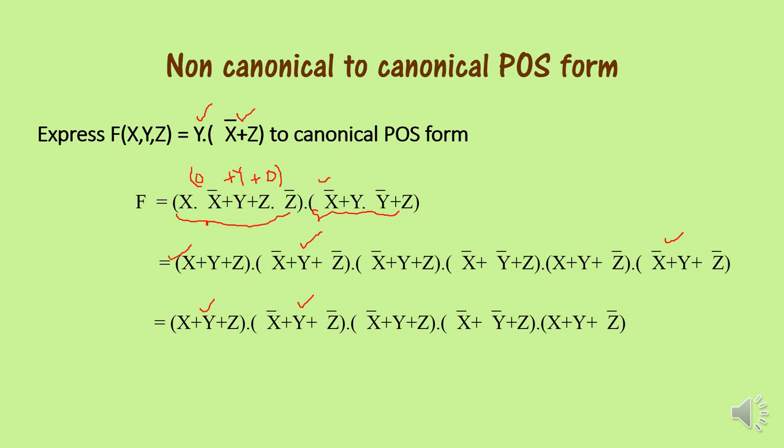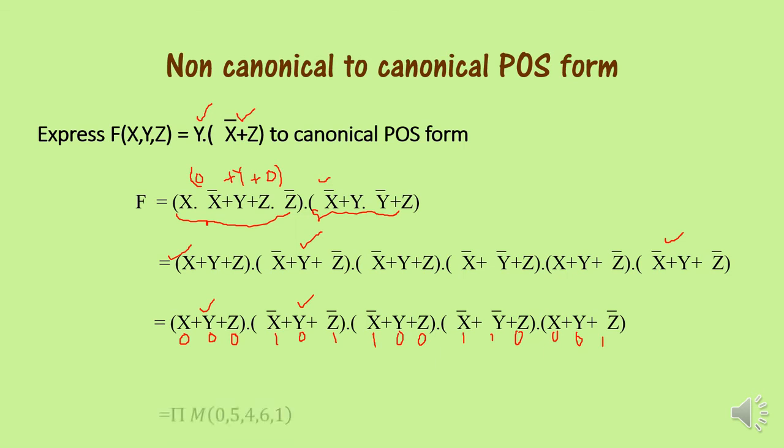So x is a single variable, so it is represented by 0. Y is also a single variable, z is also a single variable. So this is 0, 0, 0. This is 1, 0, 1. Next expression, this is 1, 0, 0, and this is 1, 1, 0, and this is 0, 0, 1, right?